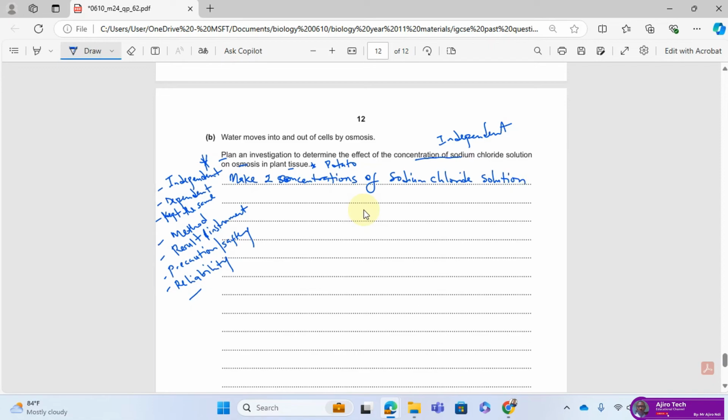You can say you do 0.4 mole per dm cube and 1.0 mole per dm cube, and you can also add distilled water.